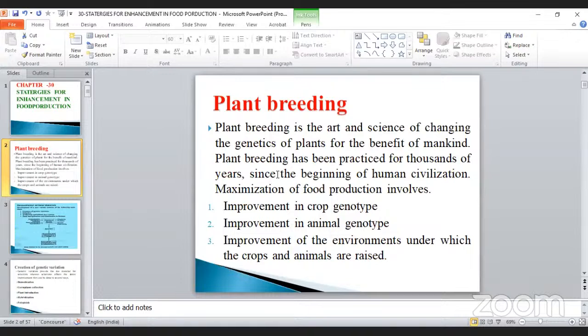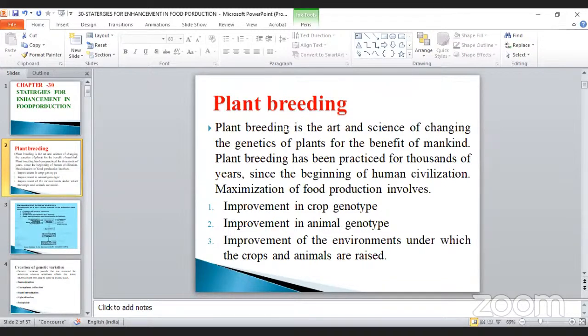Take the example of dinosaurs also. They are completely nil in the world, isn't it, my dear? But we can create that one. Suppose if you find the bone marrow of the animals, we can create new dinosaurs. Likewise, plant breeding is the first heading, my dear students.